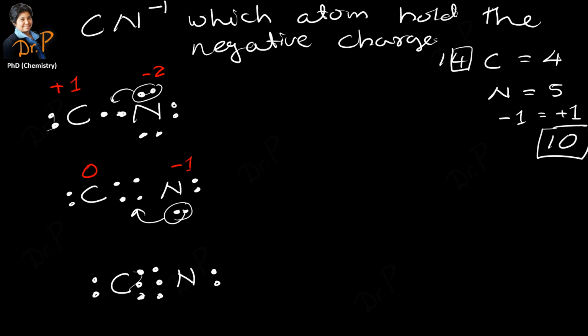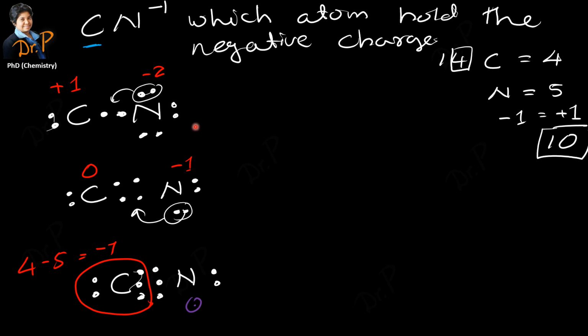You will find that carbon has the formal charge of -1, and nitrogen will have the formal charge of 0. So which atom holds the negative charge in the cyanide ion? That would be carbon.